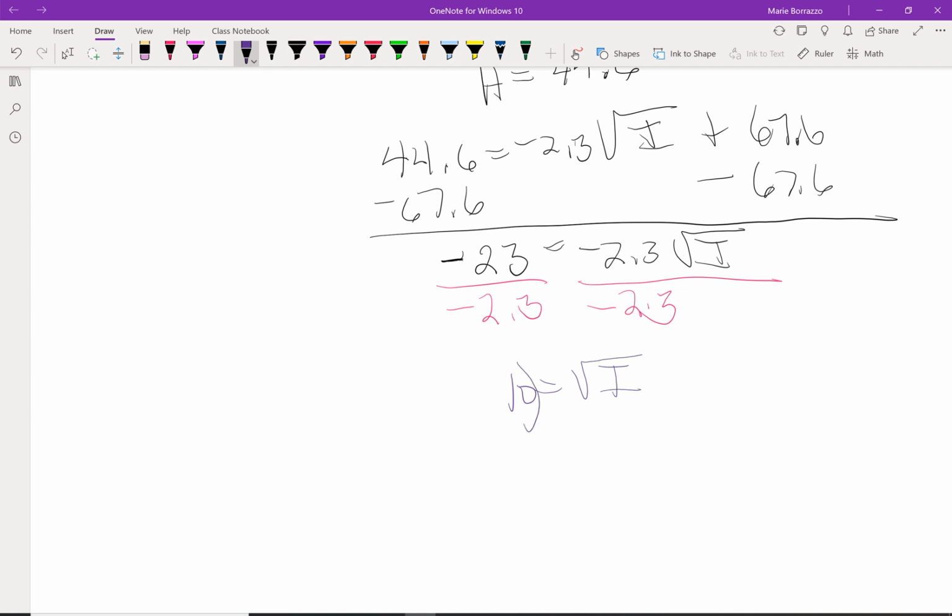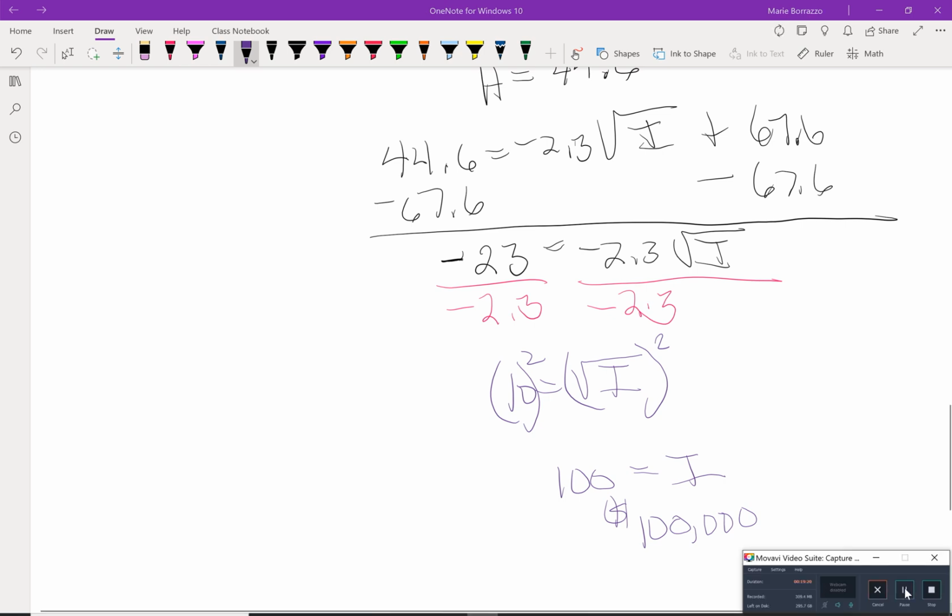Once I square both sides, now remember this is in thousands, so this person makes 100,000 basically. That's the interpretation of the question, because remember, it's whatever number you get in thousands. Again, just plugging in an answer. So I'm not too thrilled with that question, but that's what they gave you. All right, we're going to stop here.